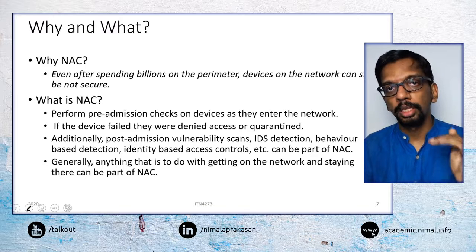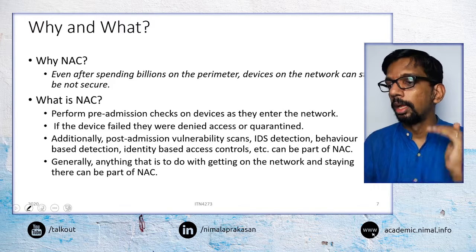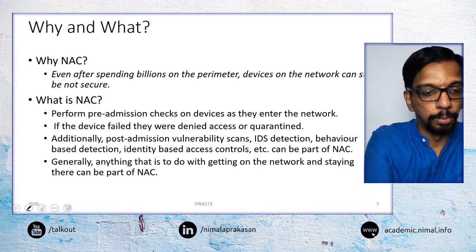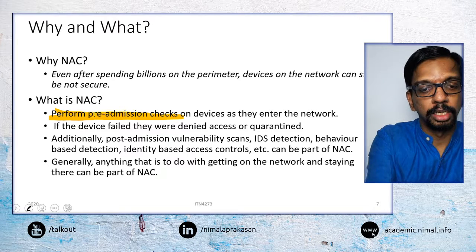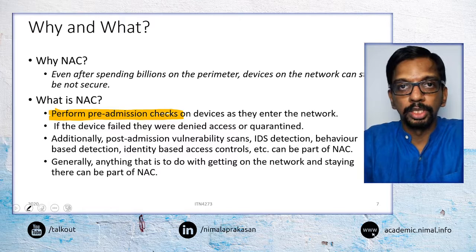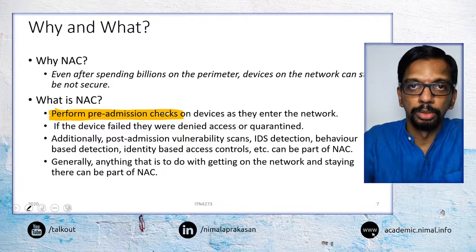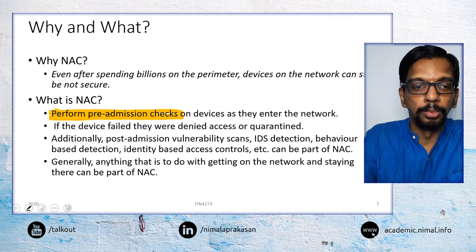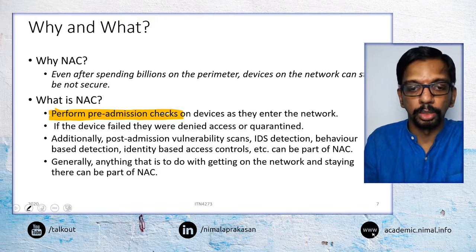So the main thing that NAC would do is perform what is called a pre-admission check. The idea of a pre-admission check is that when a new device needs to connect to the network, it will be checked to see if it can be allowed into the network.